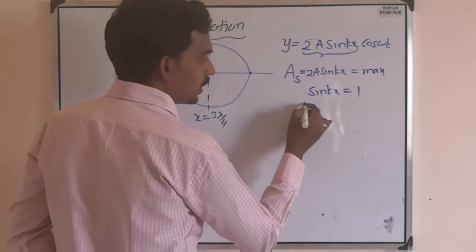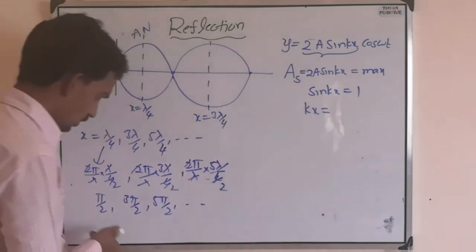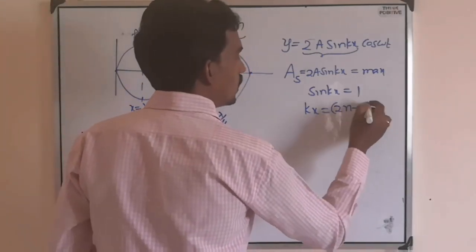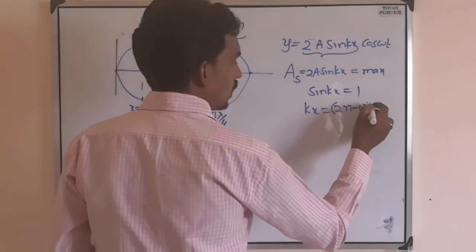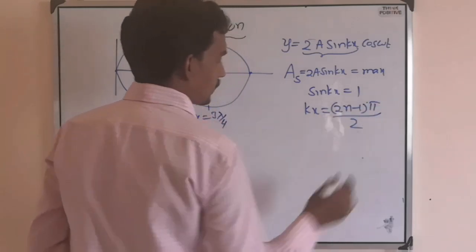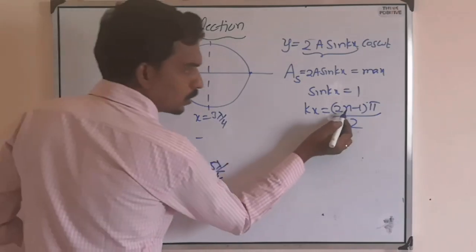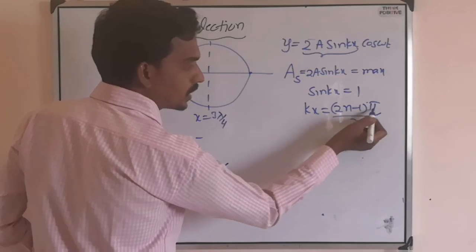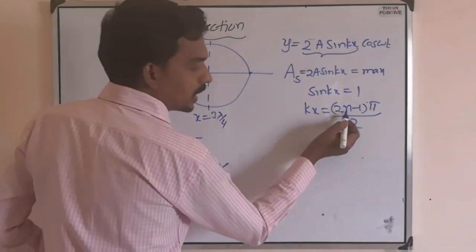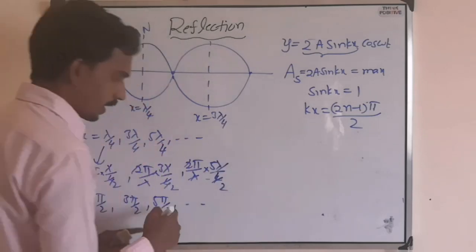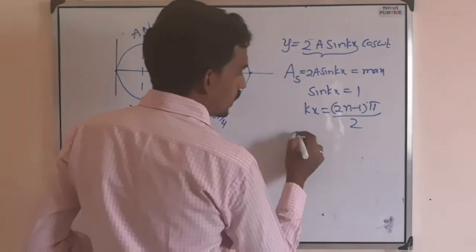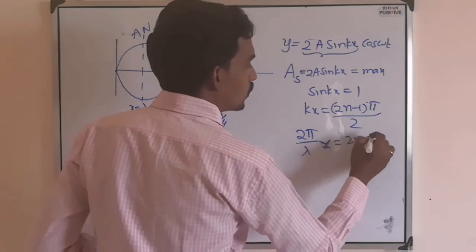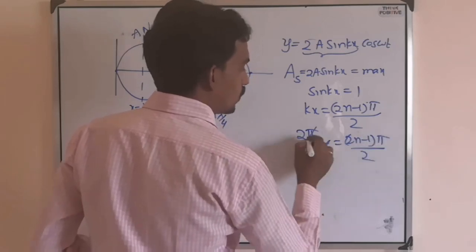That means the kx value is 2n minus 1 into pi by 2. So n equal to 1 means pi by 2. N equal to 2 means 2 twos are 4 minus 1, 3 pi by 2. N equal to 3 means 6 minus 1, 5 pi by 2, and so on. That means k, which is 2 pi by lambda, into x equals 2n minus 1 into pi by 2.